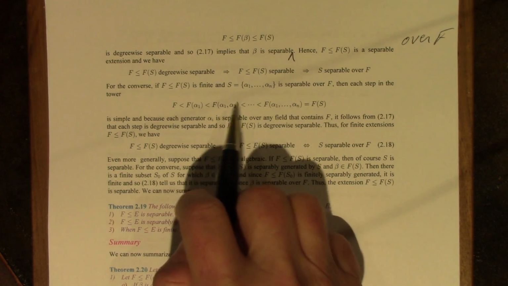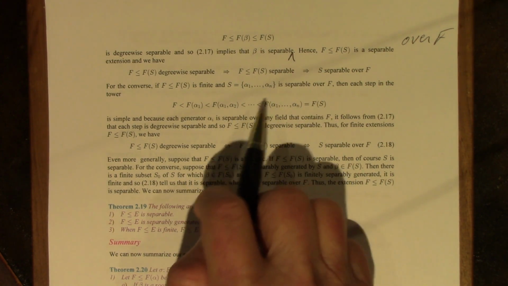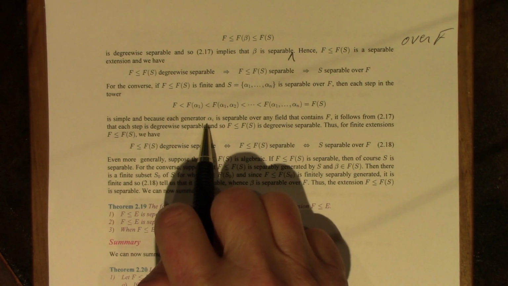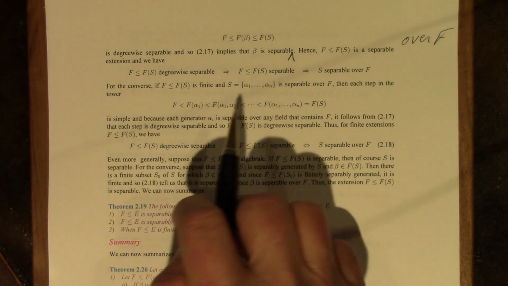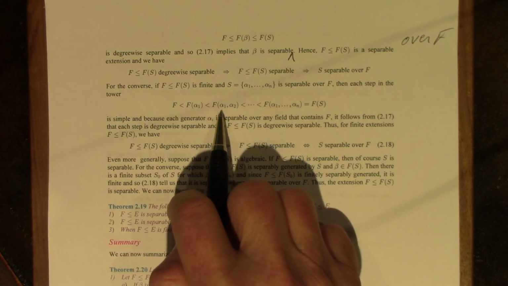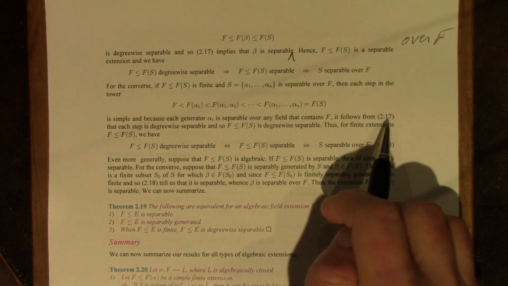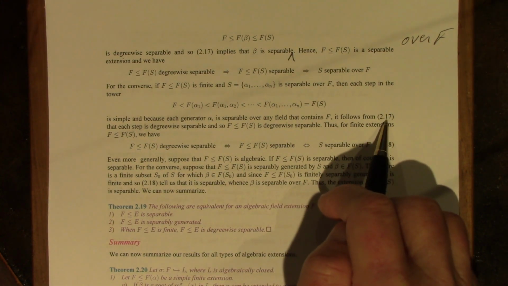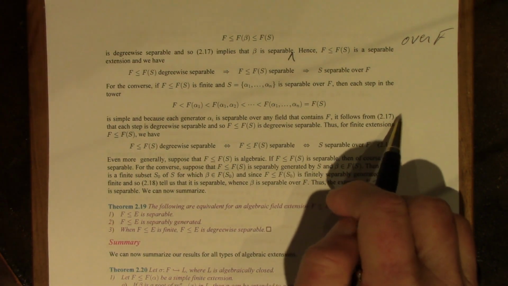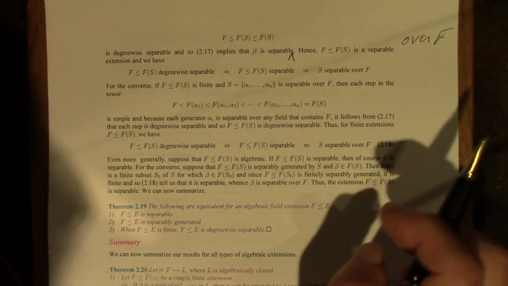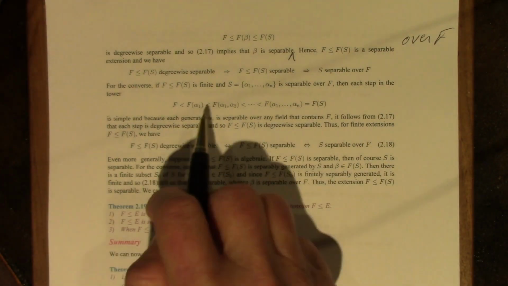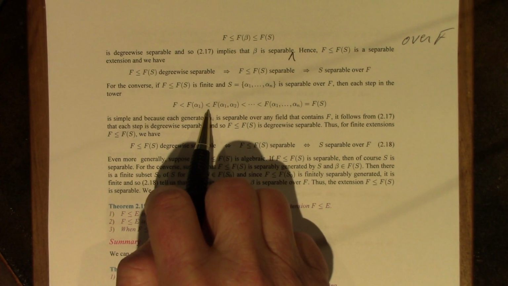Each step is simple, and because each generator is separable over F and therefore over any field containing F, and I'll let you ponder that, it follows from the simple case that each step is degree-wise separable.